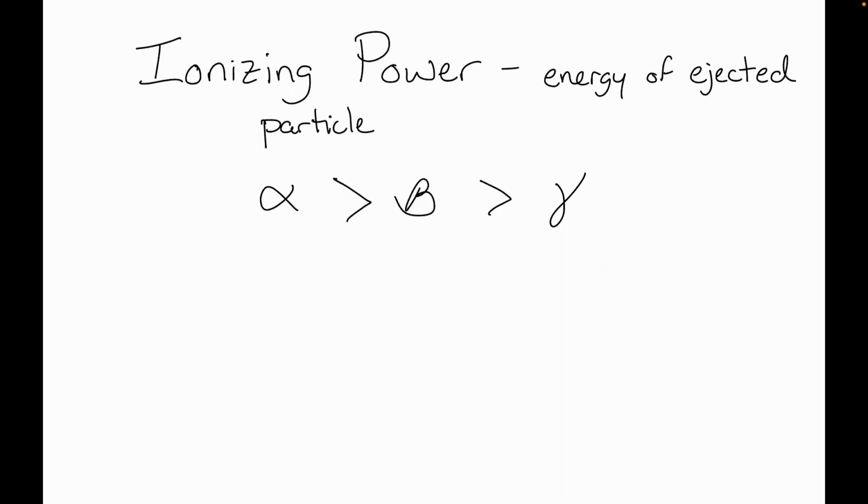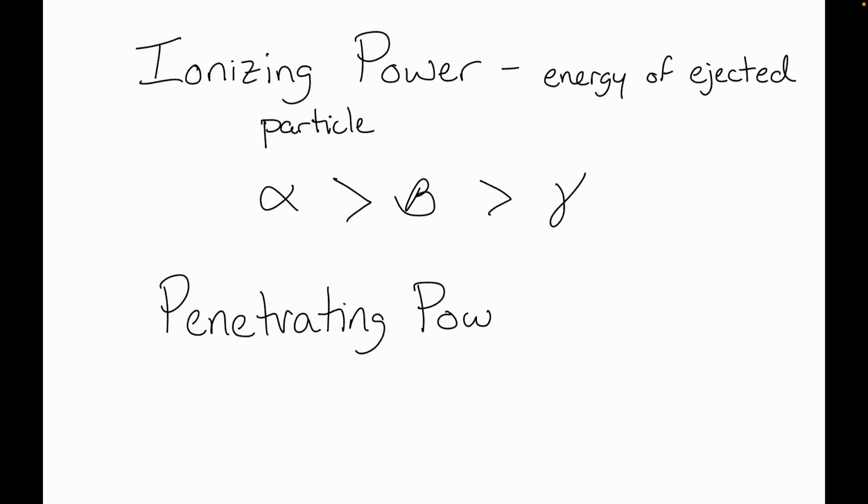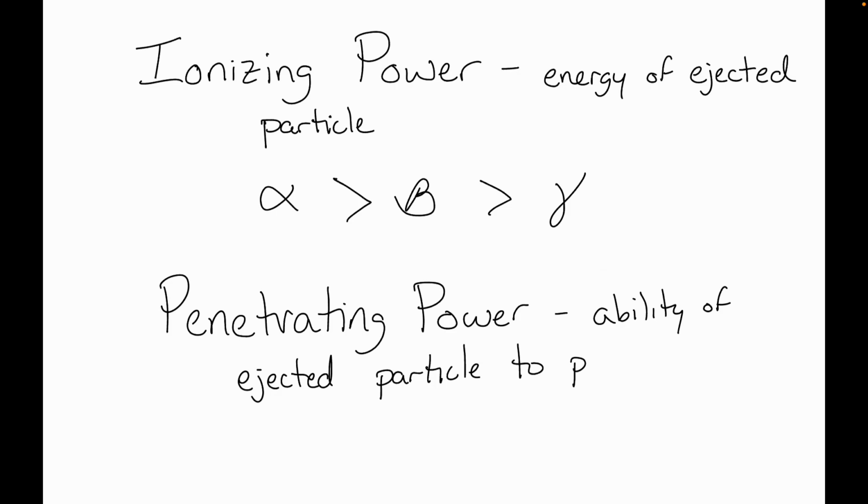The other thing that's very important, especially if you're considering safety of nuclear reactions, are what's called the penetrating power. All right, and this is just the ability of the ejected particle to penetrate certain materials.